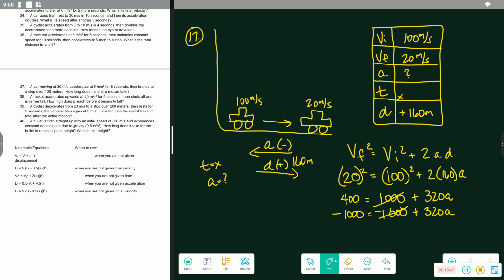Okay, and now you're left with negative 600 equals 320A. Divide both sides by a positive 320, and what you come up with is your acceleration equals... this should be 10,000.